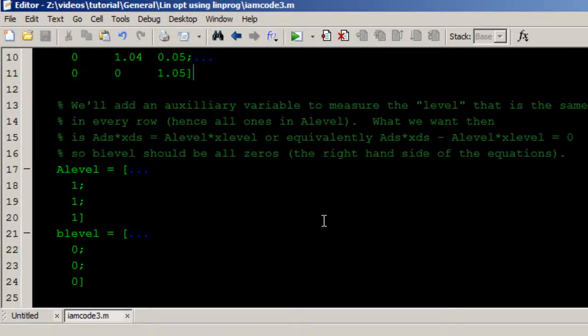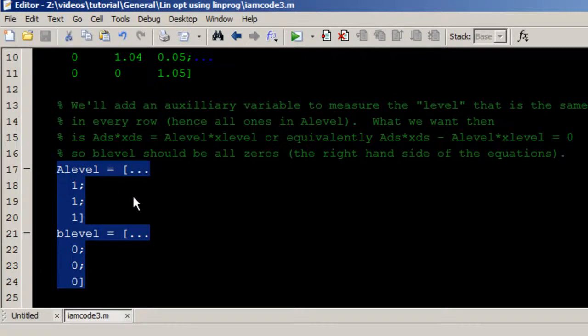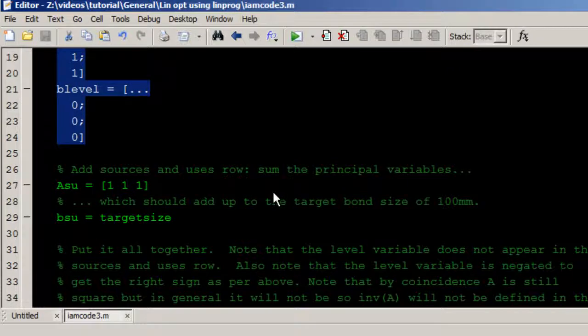So moving along, there's a couple of other pieces. We built up the linear program in pieces, so we're doing the same here in MATLAB. We have the L column, and we have the right-hand side. Note the L is not negated yet. It was minus L. We'll do that later. Then we also build up the so-called sources and uses row, which in this case, all it does is assure that the principal adds up to the target size.